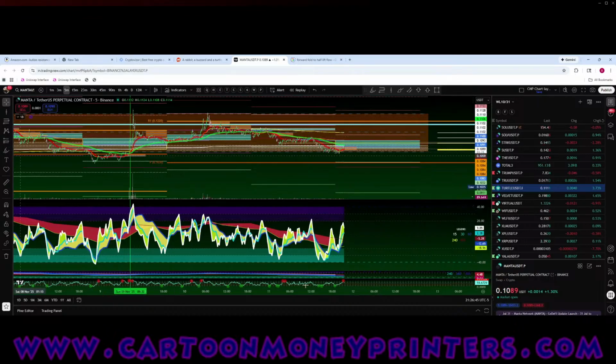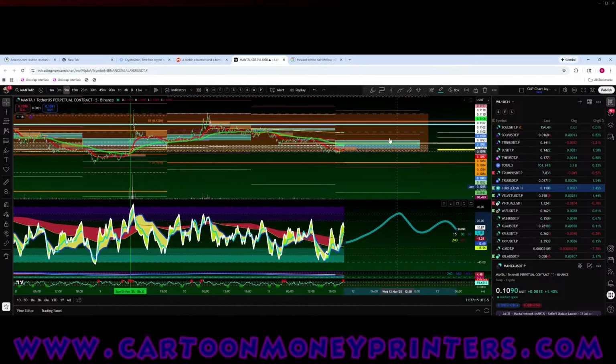So if I see the ribbon come up right here, boom, and then do something like that, and while it does this, price goes higher. This is where I'm done looking at continuation trades, and now I'm looking at, this would probably be like a par gap short, and that's what I would look at. So that's Manta. Do you guys have any questions?